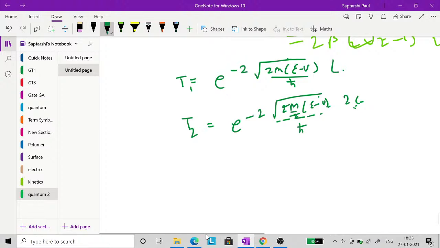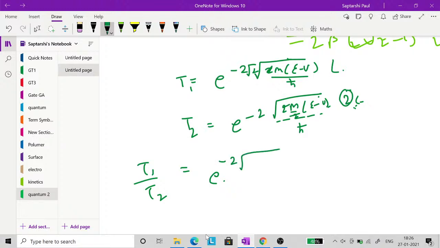If we take this out, we can say that there's a root 2 outside, and for this there's a 2 outside. So if we say T1 by T2, this will actually be equal to e to the power minus 2.